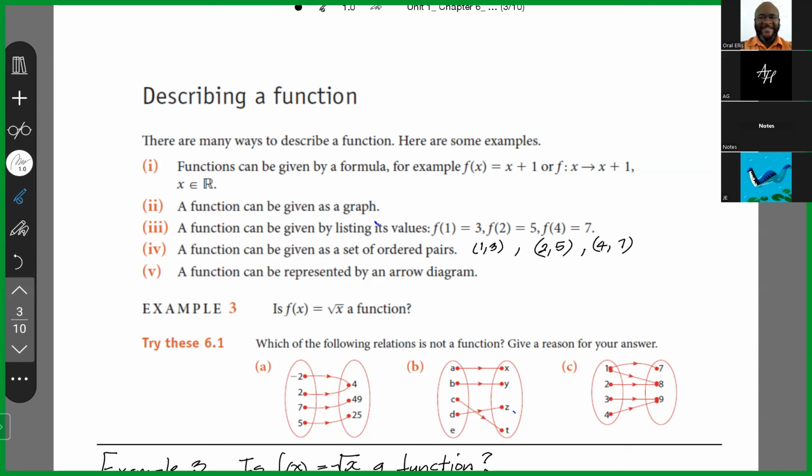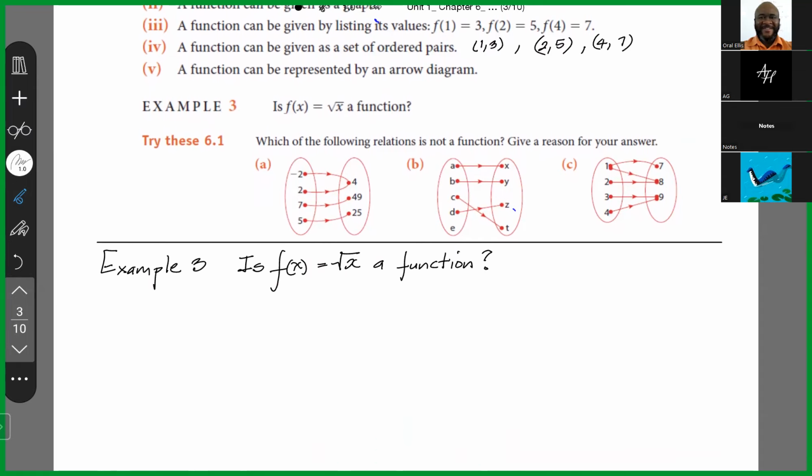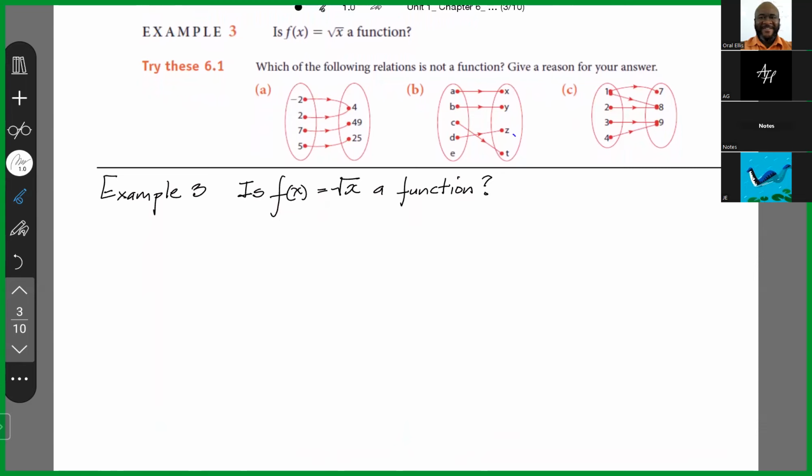All right, we're going to do example 3, but before that, we can look at the try-these 6.1. In try-these 6.1, we're asked which of the following relations is not a function. Give a reason for your answer.